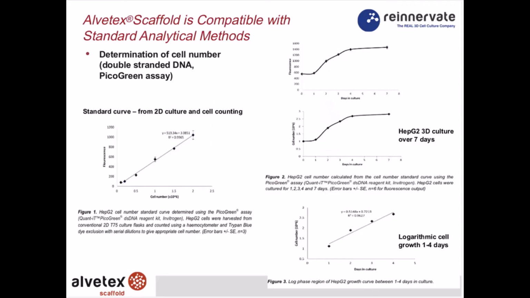And lastly, it's possible to determine cell number in Alvetex by using a PicoGreen assay that measures double-stranded DNA. And this works by determining cell number against fluorescence activity in a standard 2D culture. Creating that standard curve can then be used to read off values from absorbance from 3D cultures to determine the number of cells in the 3D system.